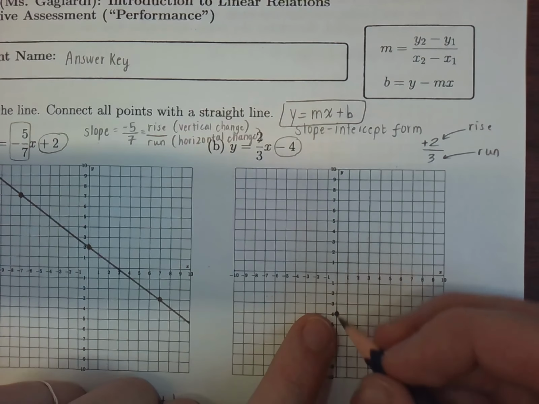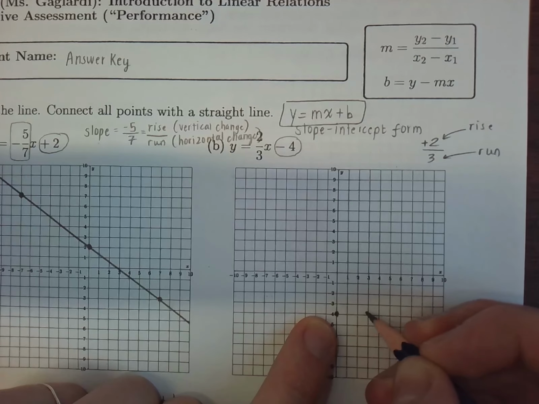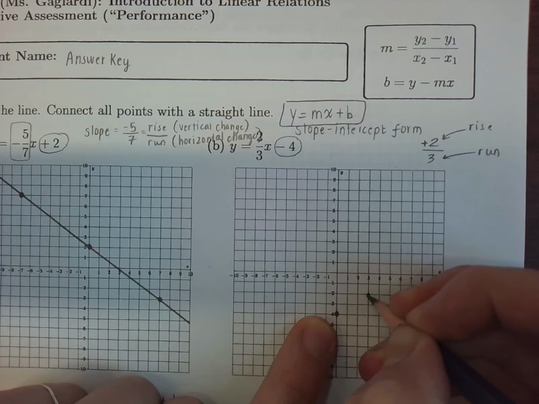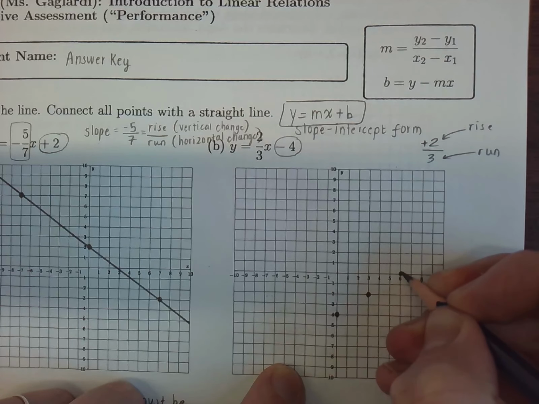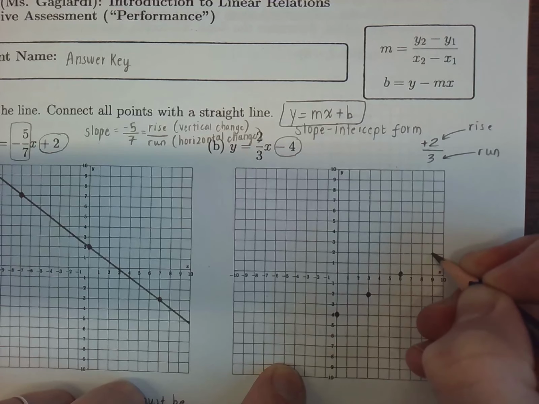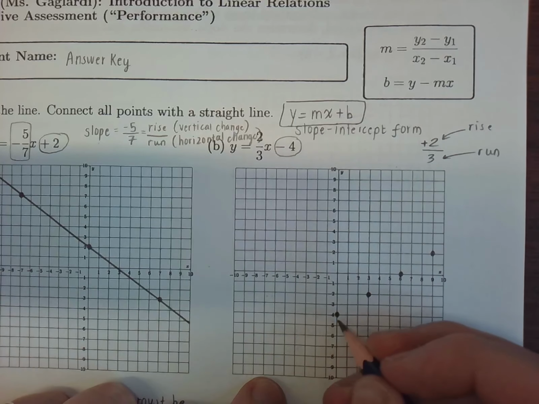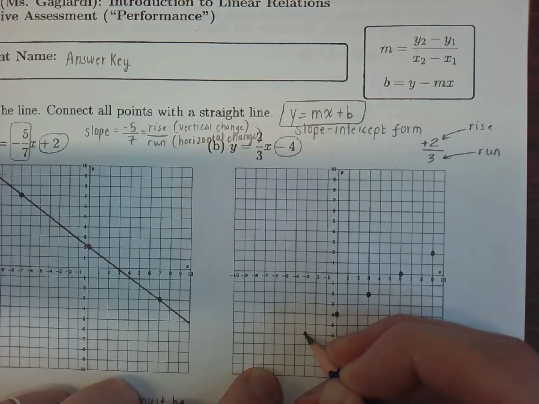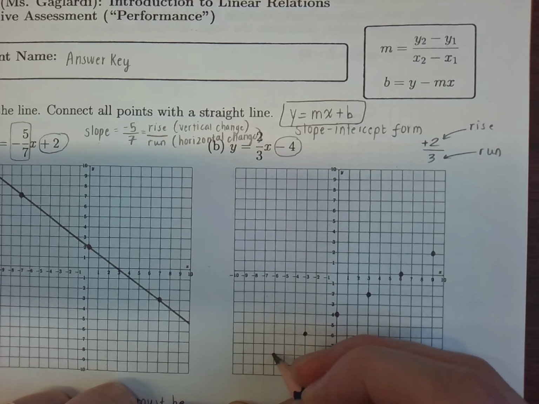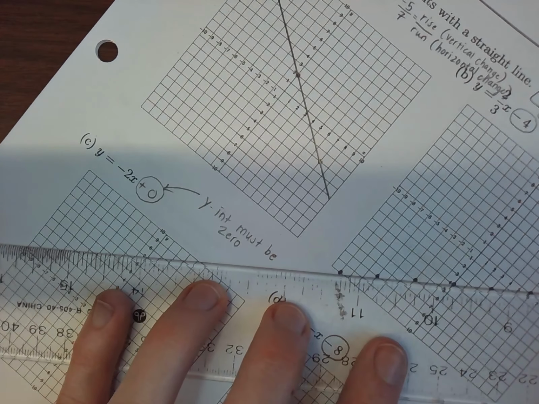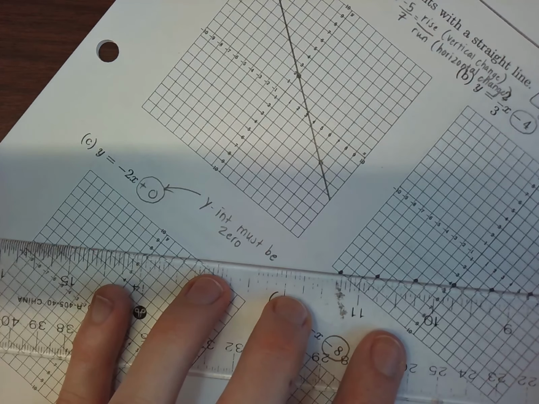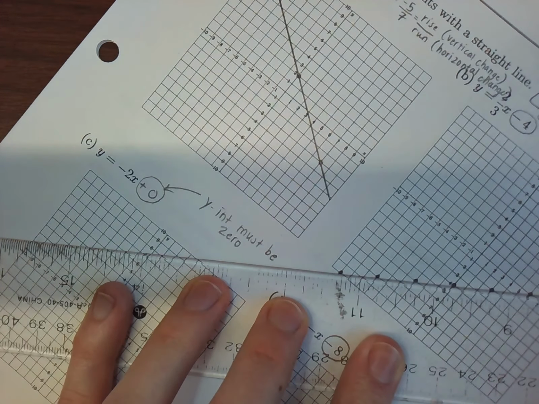When I go across 3, I have to go up 2. When I go back 3, I want to go down 2. So that's great. There's my linear equation. I can connect my points with a straight line.